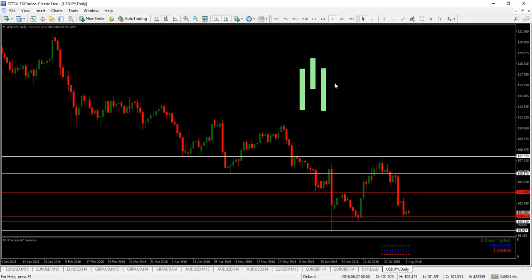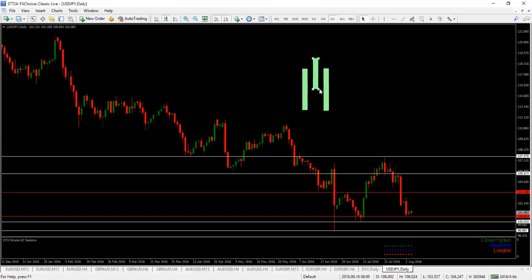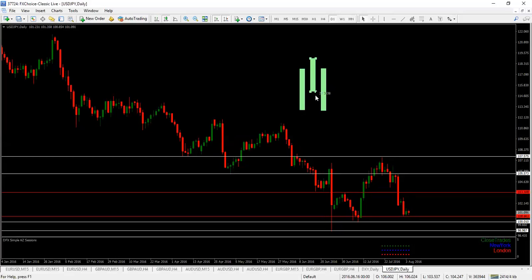So like that would be the swing high. We have two, so you have the high and the two lower highs beside it. So that would be a swing high. And then the same is true for a swing low. And then the swing low would be just the low, yeah.